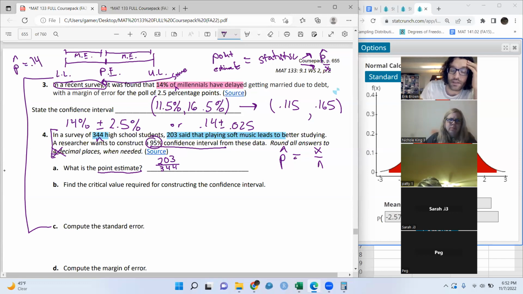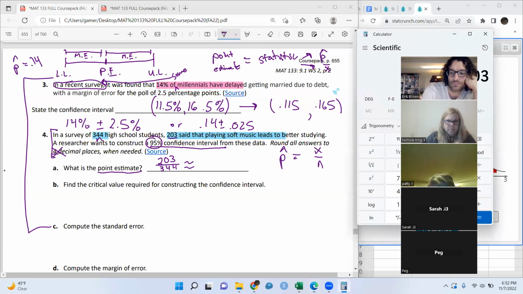If you think back to chapter 6, anytime we're working with a proportion, that is a binomial distribution. The answer is either yes or no. In this case, success is high school students who believe playing soft music leads to better studying. We're told to round this to 4 decimal places.